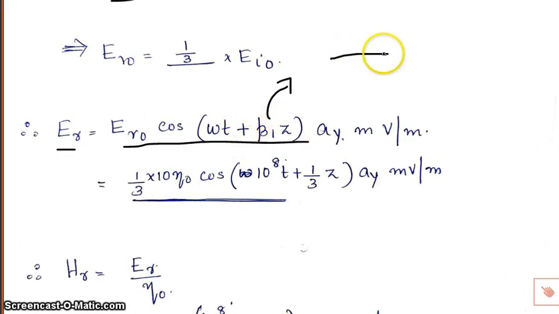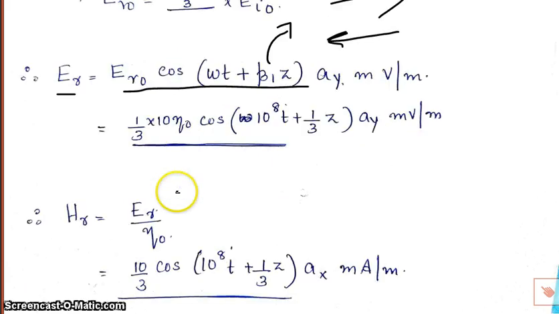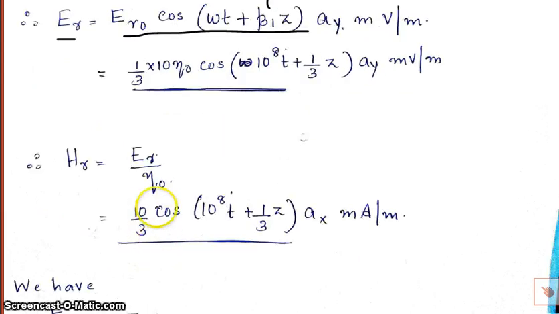And if E_i is moving in this direction, E_r will be moving in the opposite direction. That is why here you have a plus sign. So this is the expression for E_r. If you have E_r, you can find H_r. What is it? E_r by eta naught. You have to use eta naught because here it is the reflected wave, which is lying in your first medium. So you can substitute and find your H_r.